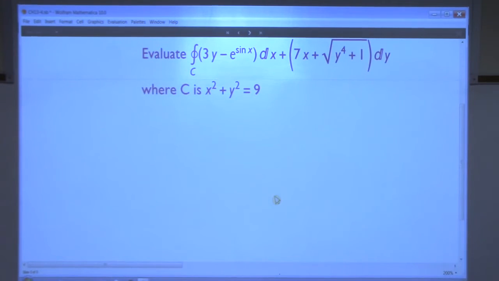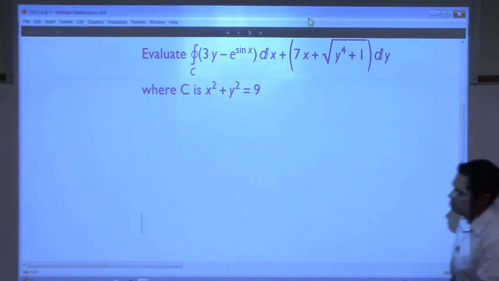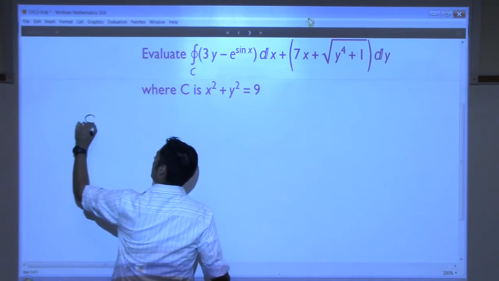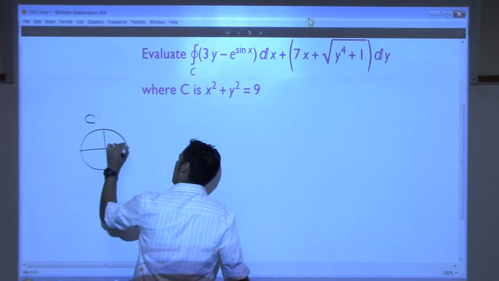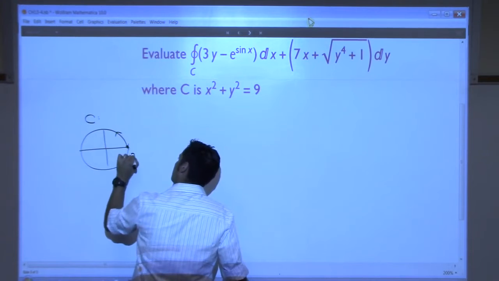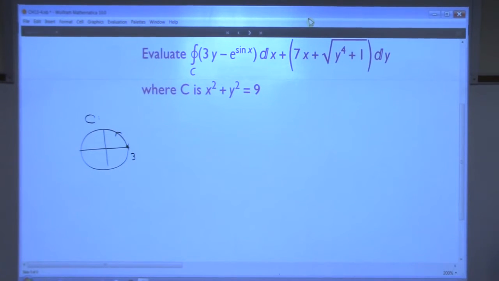That just looks nasty, doesn't it? C is going to be a circle with radius 3, right? So let me draw C real quick. It's closed, right? It's positively oriented. Well, I can draw it positively oriented.